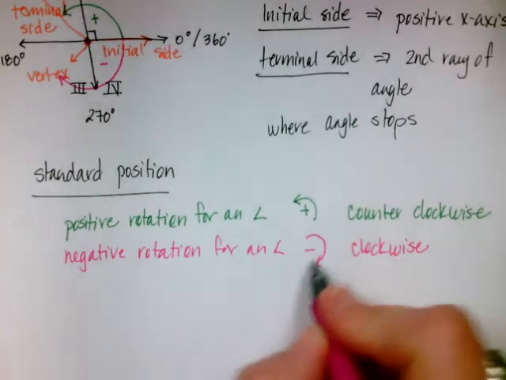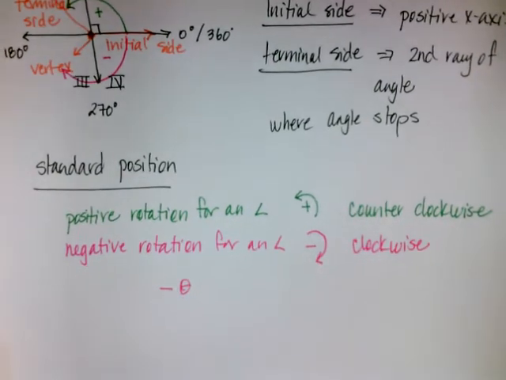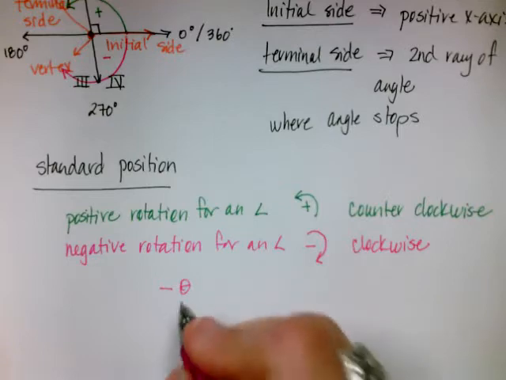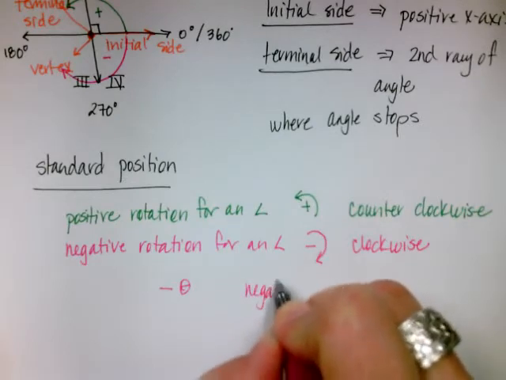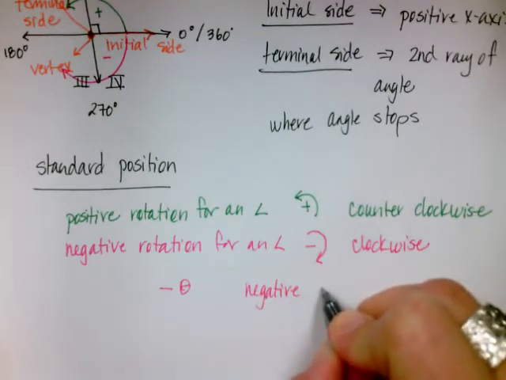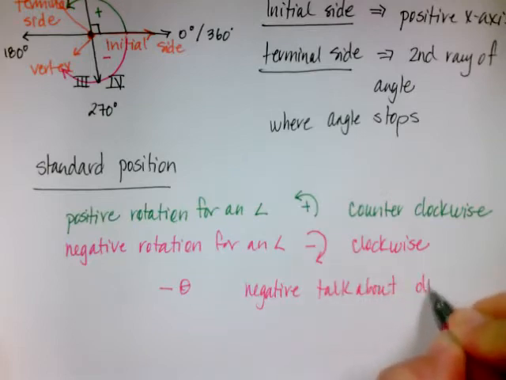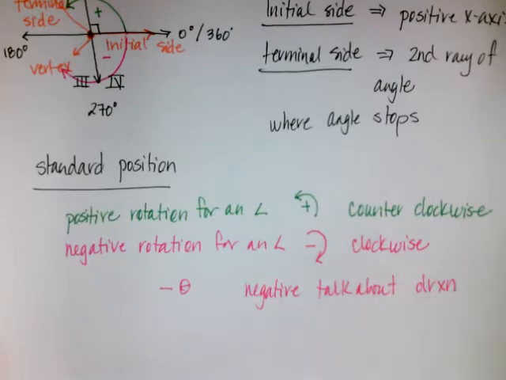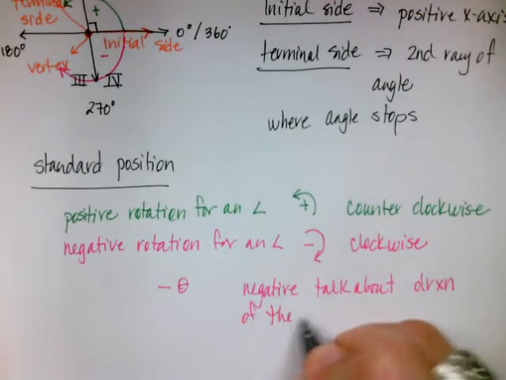And if I have a negative angle, so I'm going to write a negative theta, that does not mean that the value of the angle is less than 0. It just talks about the direction of the rotation. So negative is going to talk about the direction, and I'm going to abbreviate direction as DRXN, the direction of the rotation.